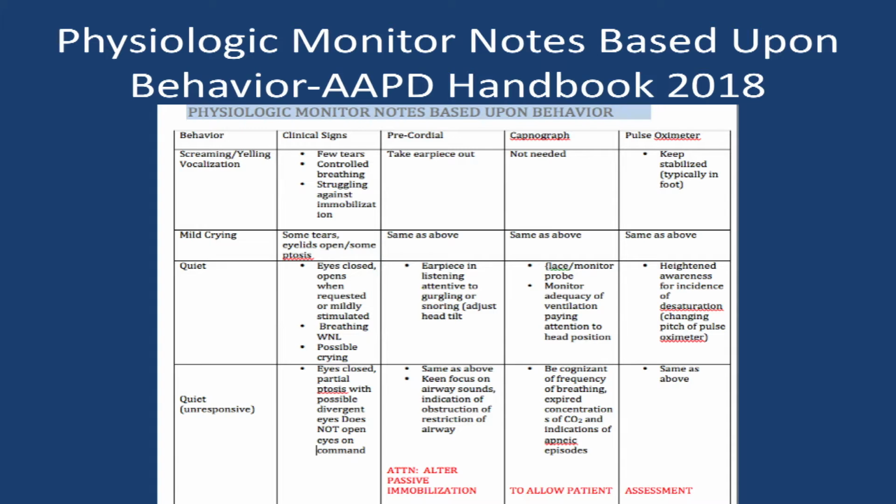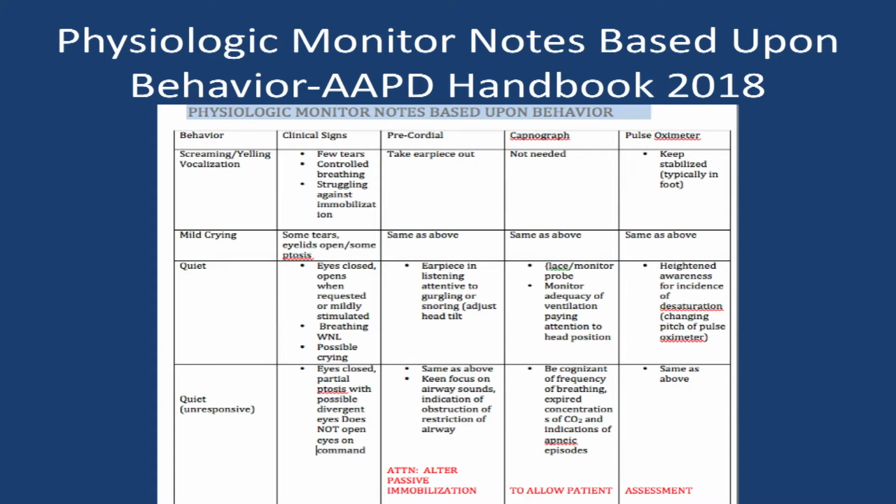And then there are clinical signs and precordial signs and capnographic signs and pulse oximeter signs that can be utilized from these monitor notes that enable us to characterize the behavior of the patient, the objective criteria that's delivered by the precordial, capnographic, pulse oximeter information, and the clinical signs that we're seeing.